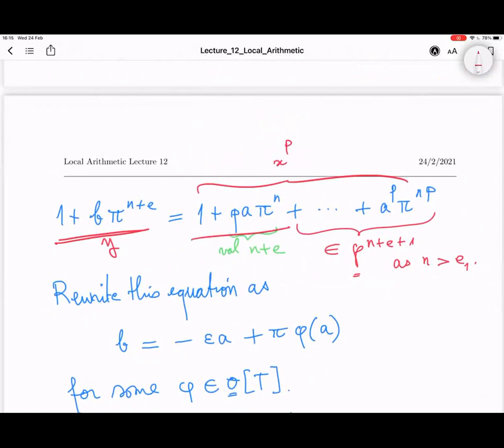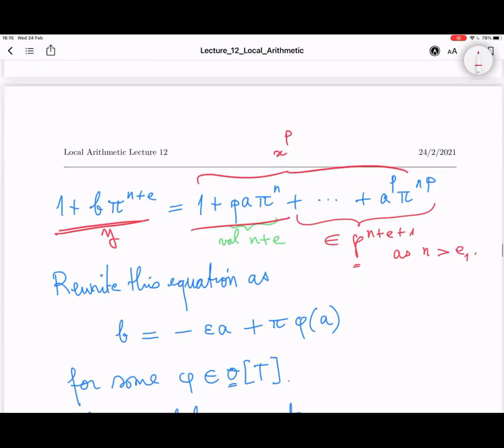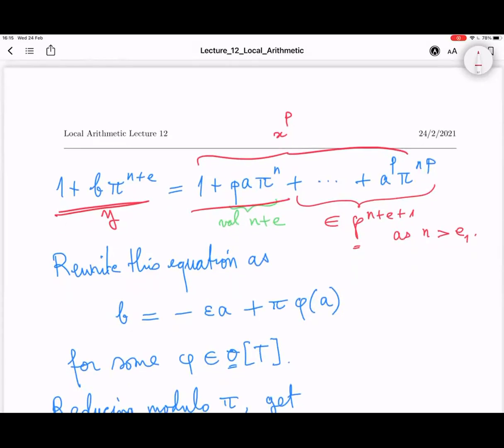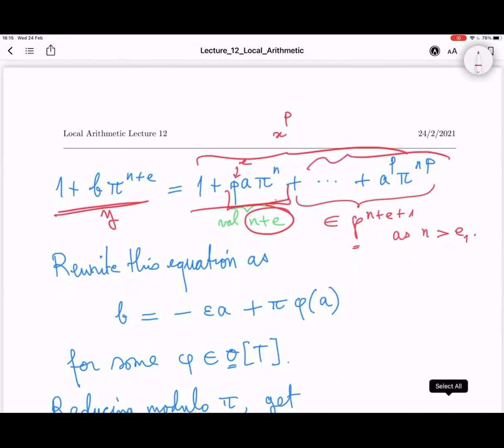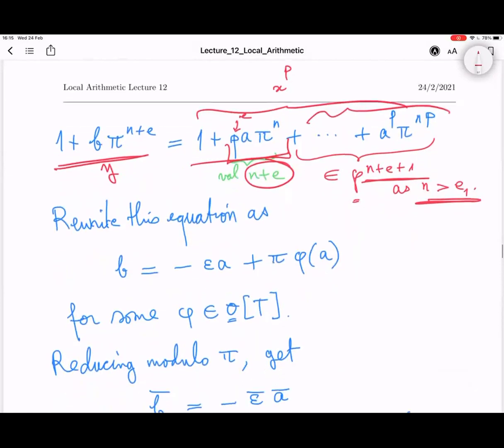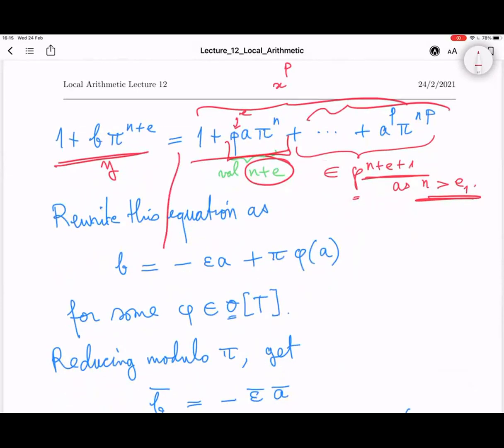So you expand it, you get these terms. And the valuation of this is e, the valuation of this is n. So the valuation of this term here is n plus e. And you can check that the valuation of all these things is n plus e plus 1, because n is strictly greater than e1.